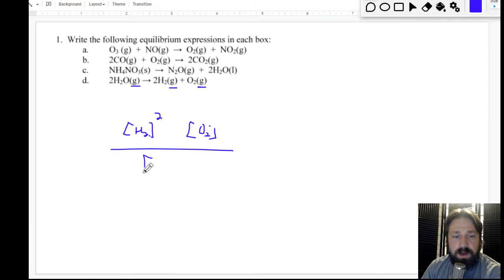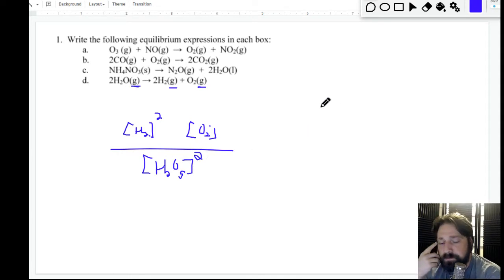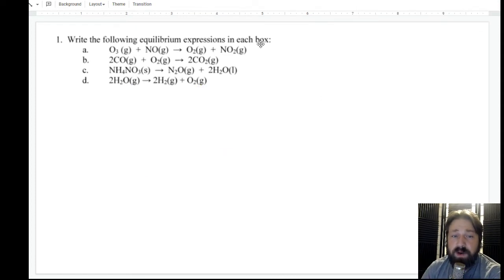And then on bottom, concentration of H2O gas. We can do this because it's a gas. I'll talk about that in a moment. So yeah, this is how we go about writing equilibrium expressions.